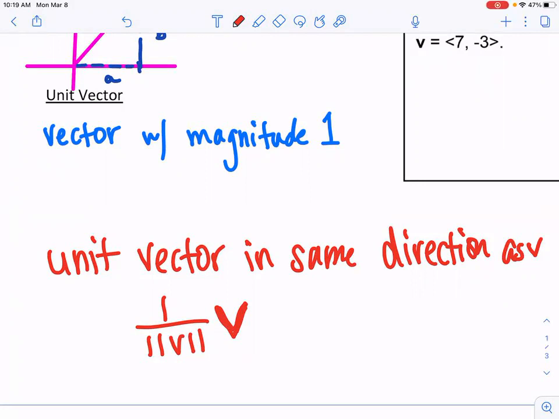So we are going to force a vector to have magnitude 1. We'll find its magnitude and we're going to multiply by its reciprocal to our vector that we want it to be in the same direction of. Okay.